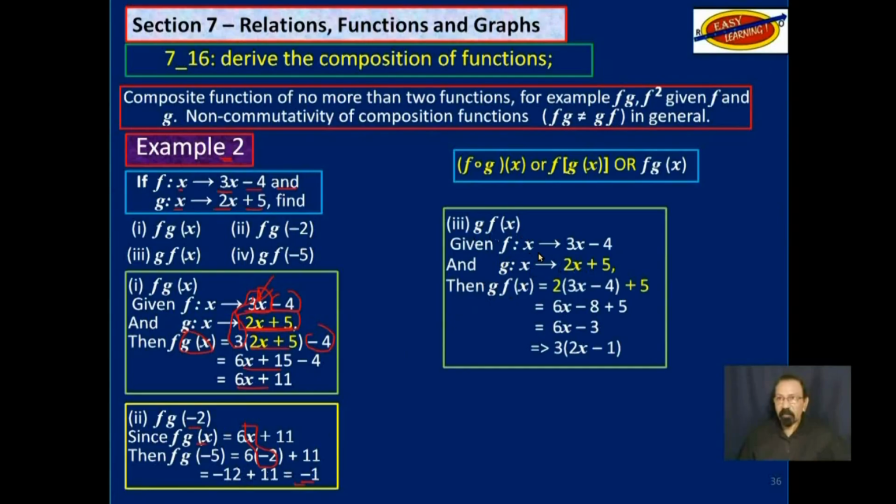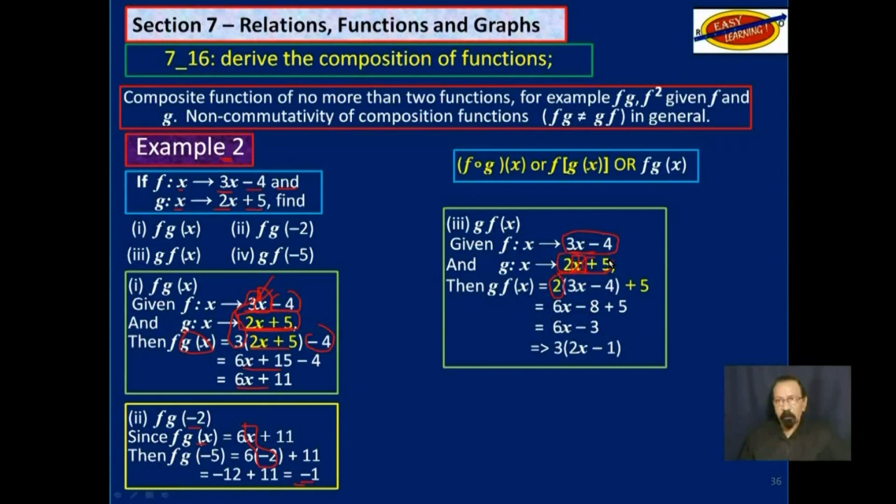Now if we go the other way around, we are now finding g of f of x. So this is f of x, that's g of x. Now we will replace this x here with that up there. We are taking the f of x as the input to g of x. So this 2 remains the same for g of x.